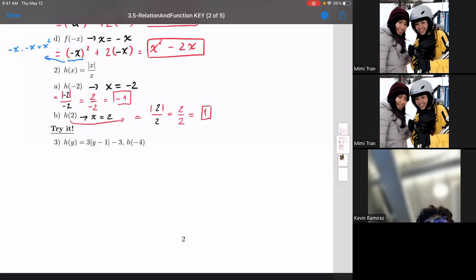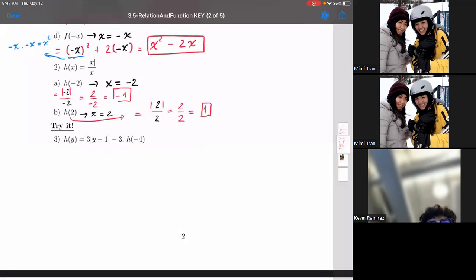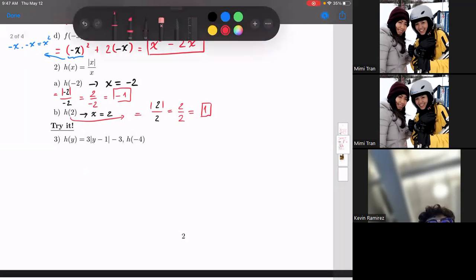Okay, what did you get, Devin? -18. Okay, and 12, and who else? 12. Okay, maybe we have 12 as a winner. So this implies replacing y with -4, right? So it equals 3 times the absolute value, and whenever I see a letter, I replace it with parentheses.